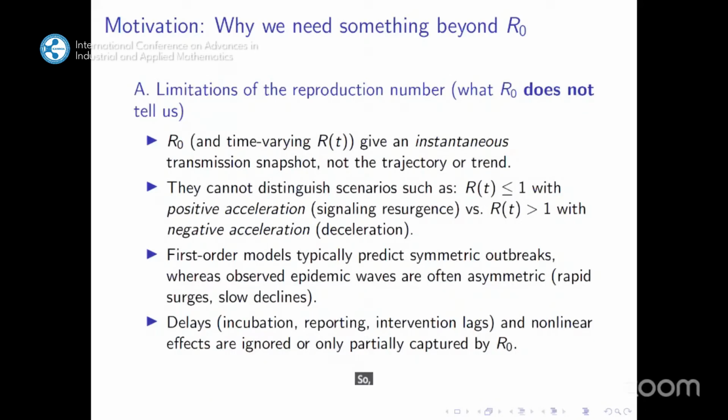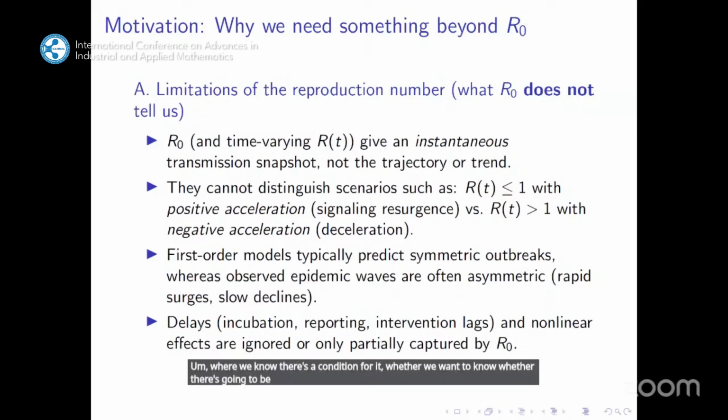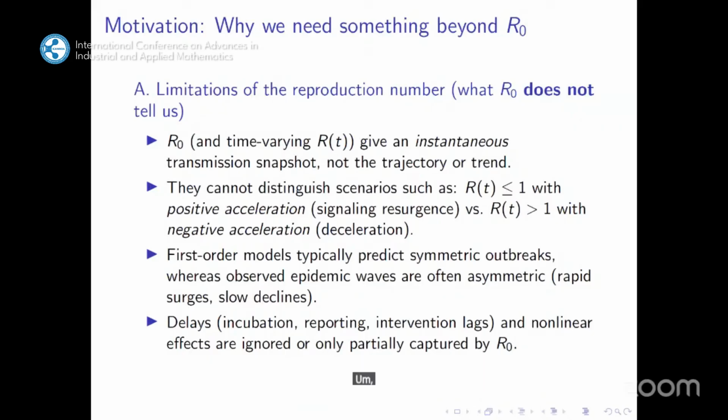So it is one of the most used numbers, in most studies we use the R0, where we know there's a condition for it, whether we want to know if one person is infected in a susceptible population, will that one person cause more infections, or will the pandemic die out?